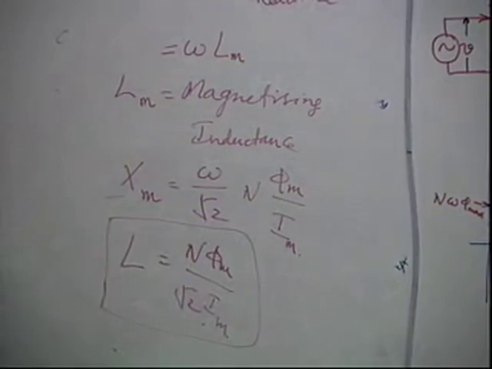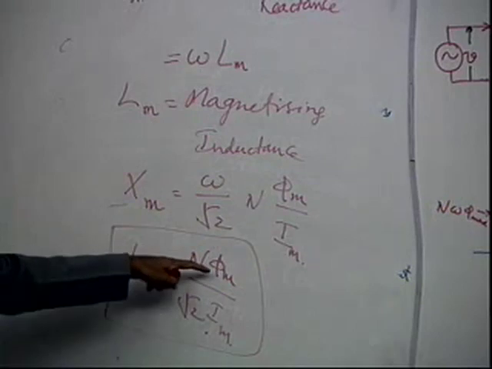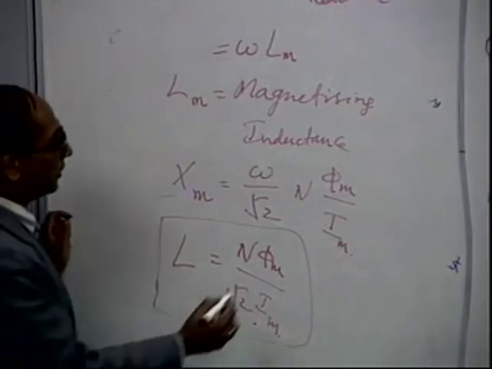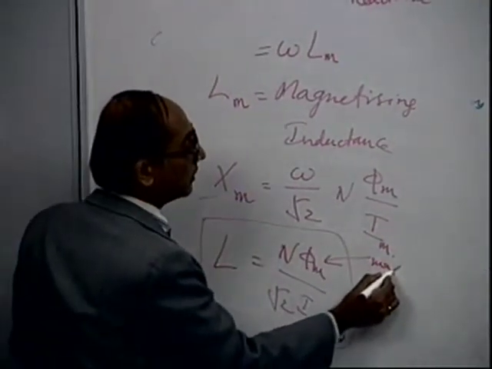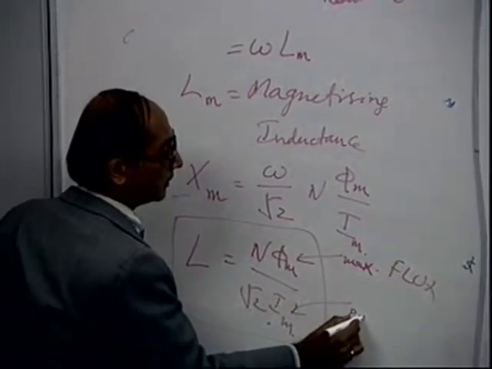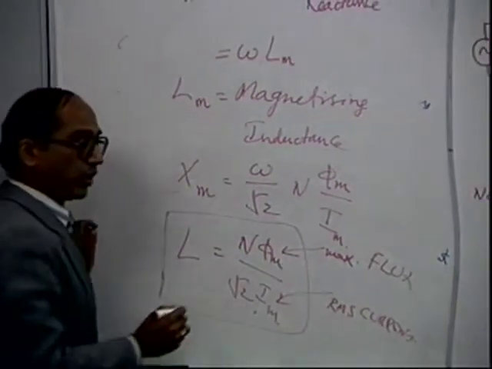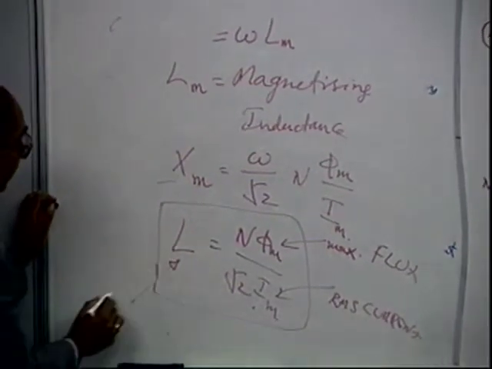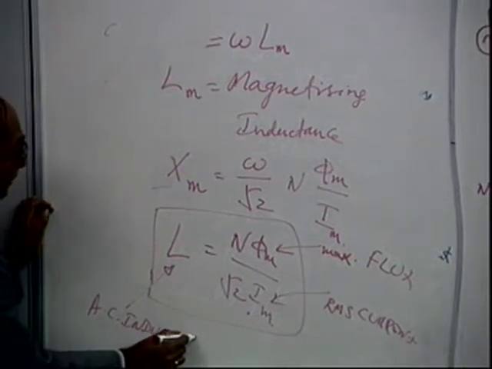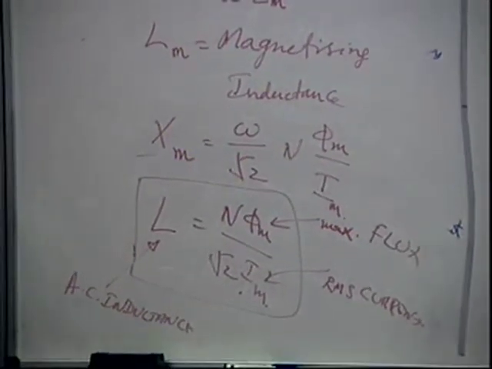So this is the maximum flux and this is the RMS current. You can also call it an AC inductor, an AC inductance. So we now define the AC values.